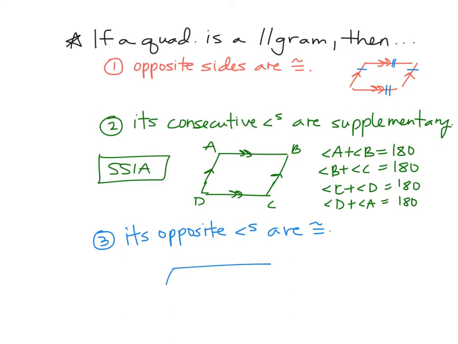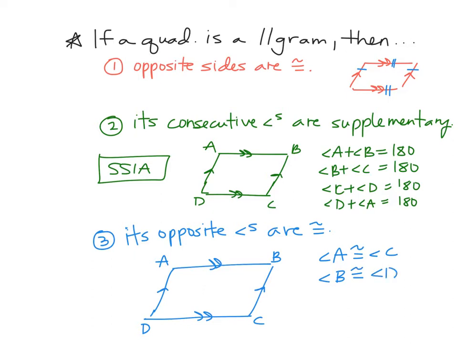So if this is my parallelogram, you know what, just use the picture you already did. I'll draw it the same way. Okay, so same picture, the green picture, if you want to just use that one, that's fine. It's saying opposite angles are congruent. So our opposite angles here are angle A is congruent to angle C, and angle B is congruent to angle D.